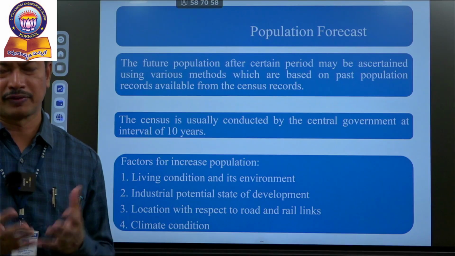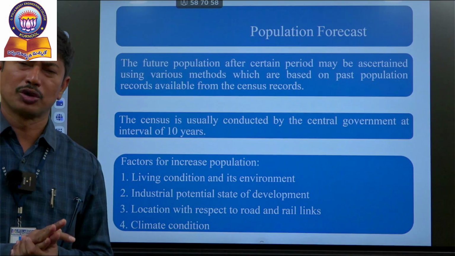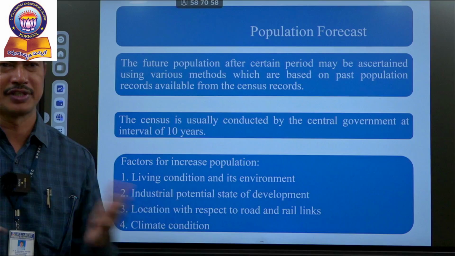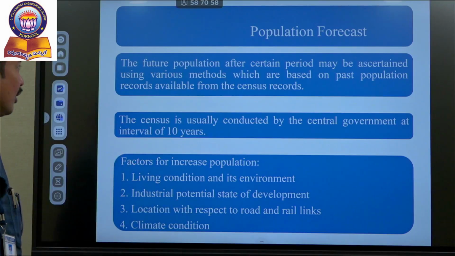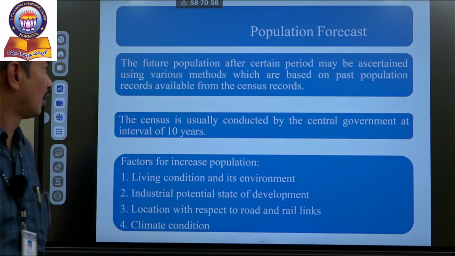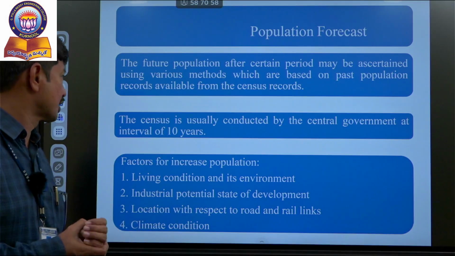For that purpose, we have to predict the population of any town or city for the next 20 to 30 years, right? The future population after a certain period is known as population forecasting.